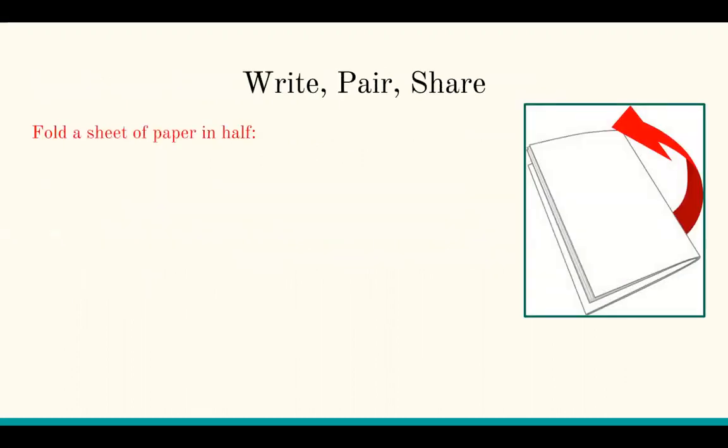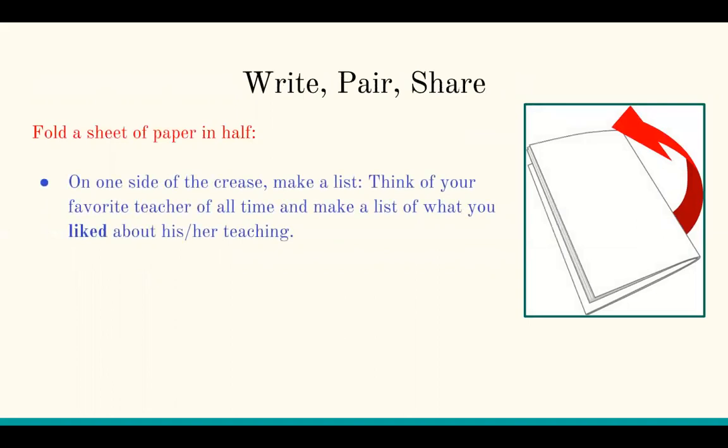So what I want you to do is pull out a piece of paper, or have that piece of paper I asked you to have ready, fold it in half so you have a line down the middle. And on one side of the crease, you're going to think of all of the qualities or all of the things that you liked about your favorite teacher.